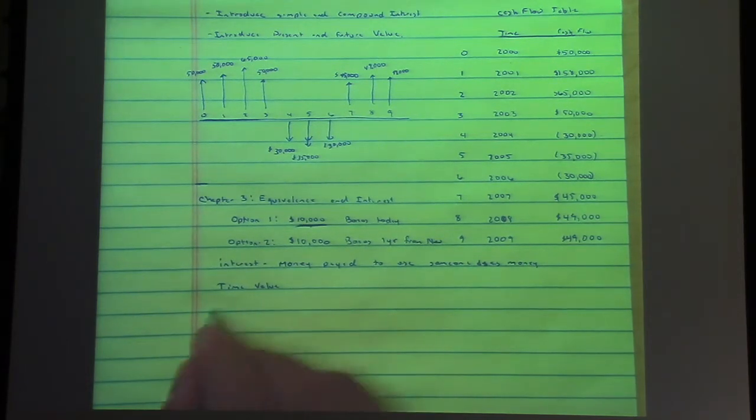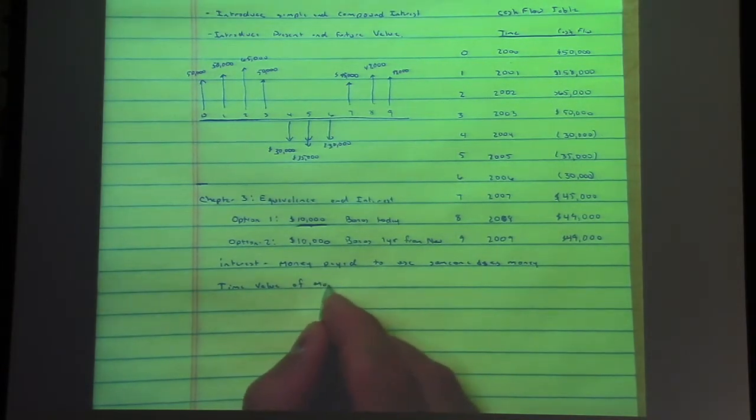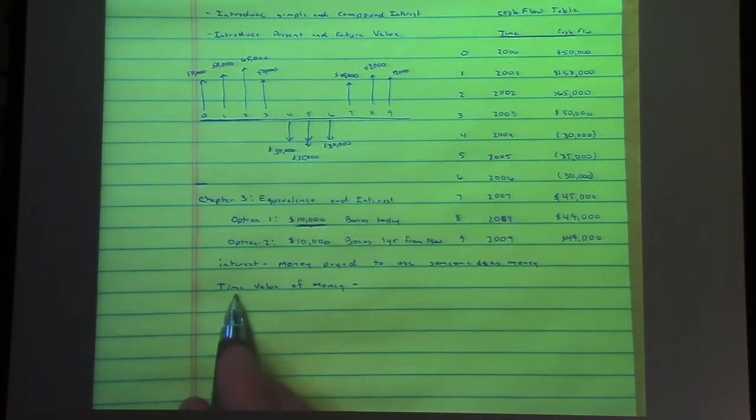Everything you do in engineering economics comes back to this central principle. Everything that you can do with money over the course of some time period, you have to account for that time value of money.